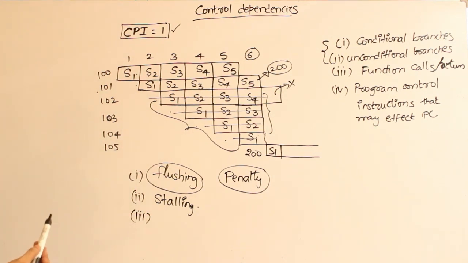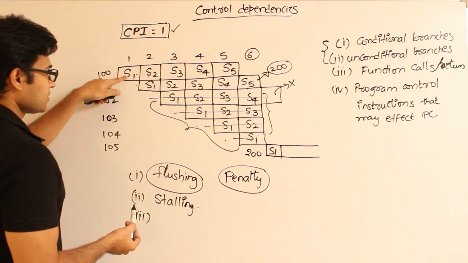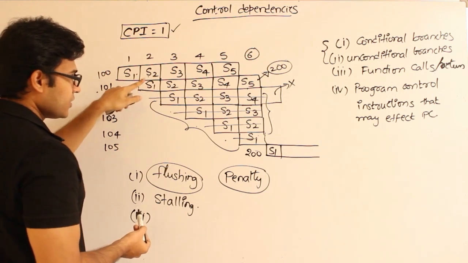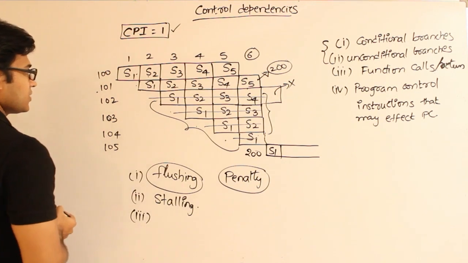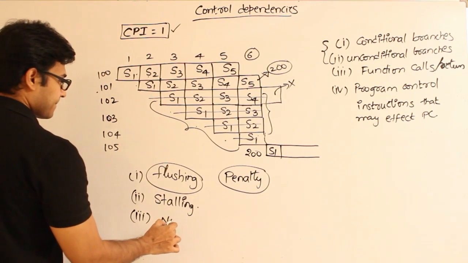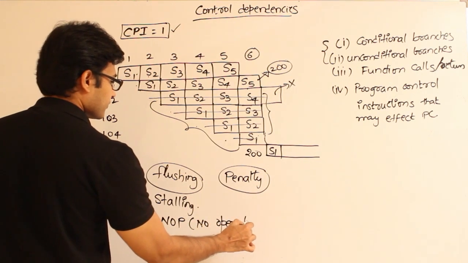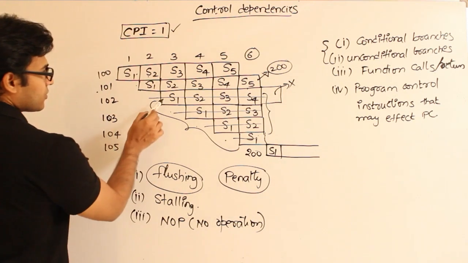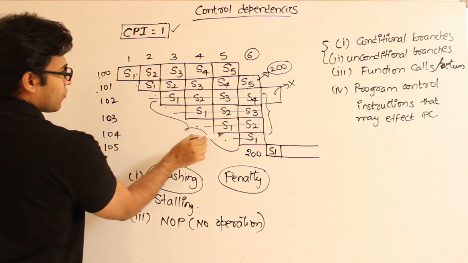And the third one is, you can continue with the instructions, but our compiler, whenever there is a branch instruction, since we don't know what will be the output of the branch instruction till that point, inserts no-op instructions, which means no operation, right? So in this case, how many no-ops should be inserted? 1, 2, 3, 4, right?